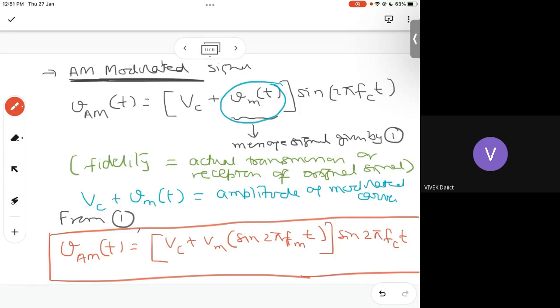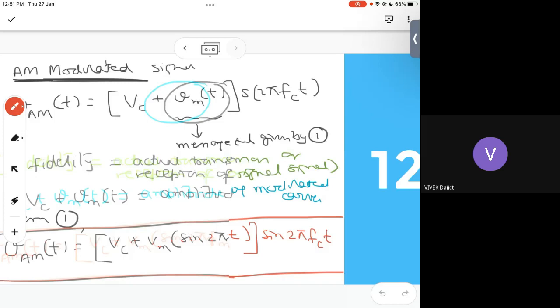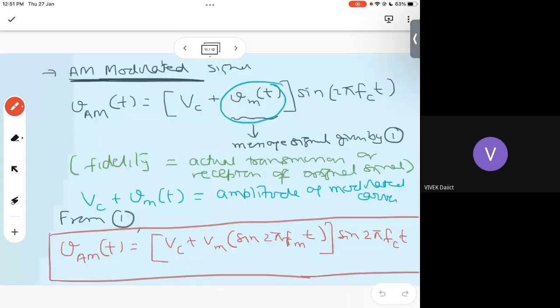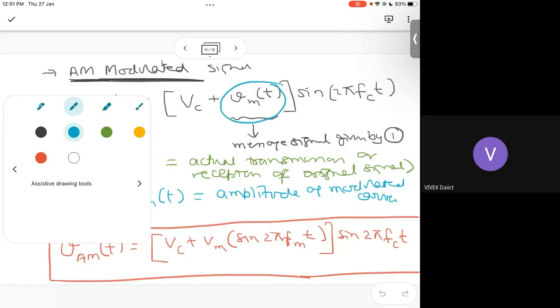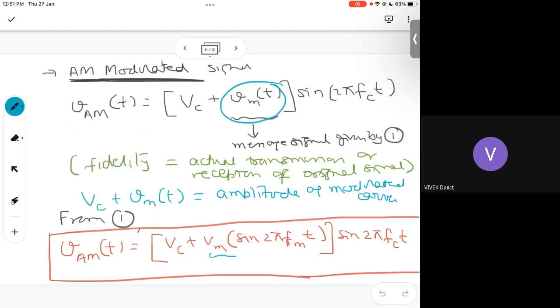Just to give some example for you, what it means. Let's take an example. I always believe in examples. So you understood. This is nothing but your VM(t).